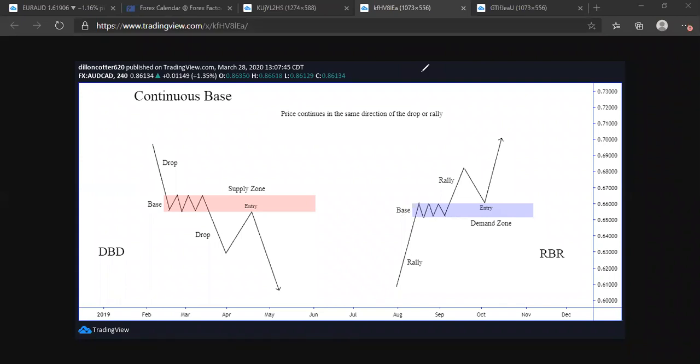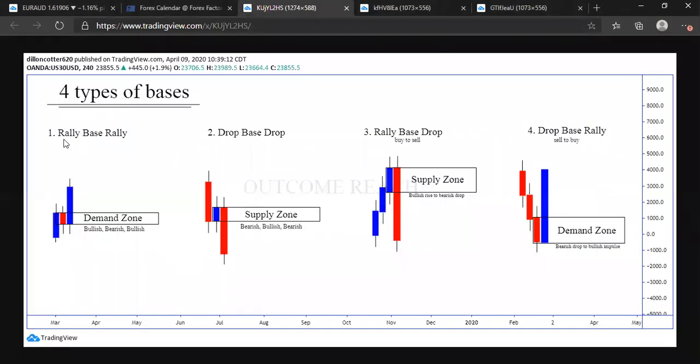So yeah, those are your four bases of supply and demand. You have your continuous bases right here and your reversal bases right here. And remember, this one is bullish or buying.